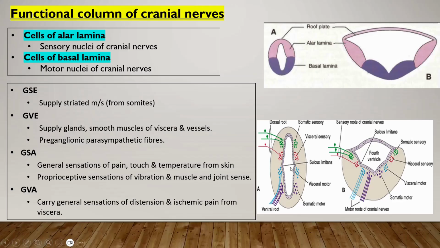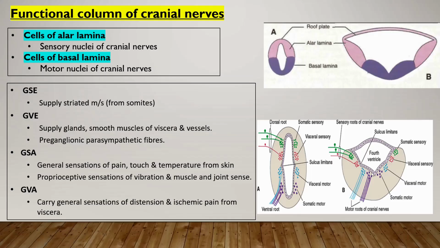Okay, and close to the sulcus limitans there will be visceral, so you can say general visceral efferent, general visceral afferent. Away from the sulcus limitans there will be somatic motor and somatic sensory, so we can say general somatic efferent, general somatic afferent. So we got 4 functional column.